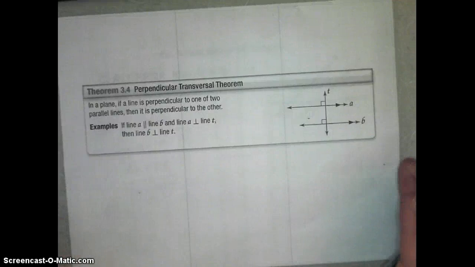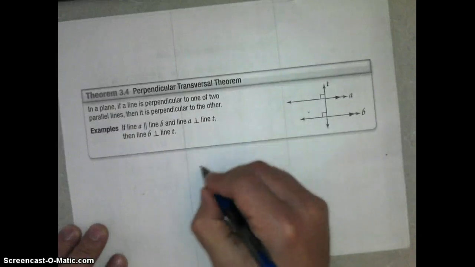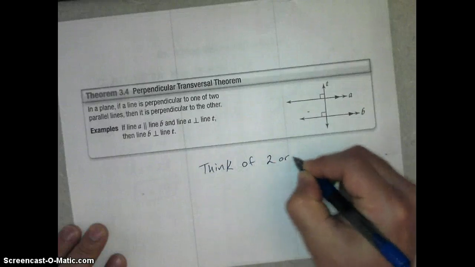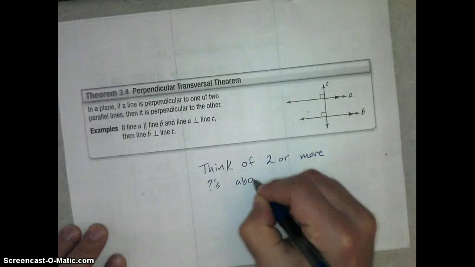Remember, we do want to come up with some questions that you might have over this lesson, and I want you to write those questions. Think of 2 or more questions about this lesson.